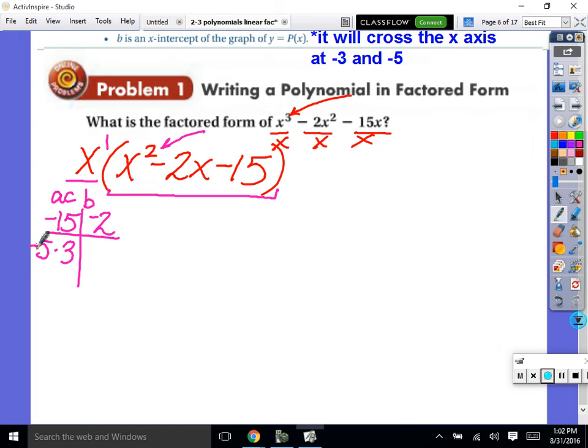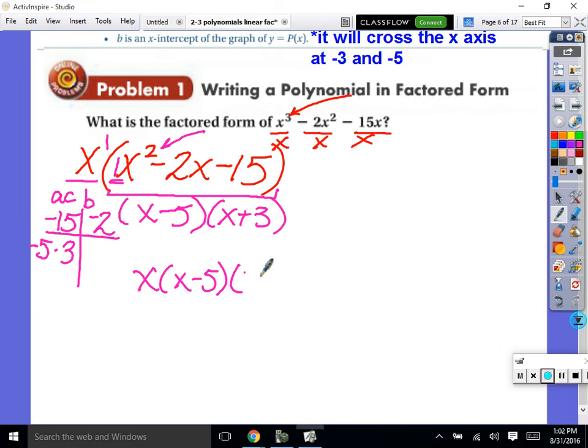Now carefully look. Is my a value positive 1? Yes. So we could drop and break. That always works. However, if your a value is positive 1, we can quickly factor this. So this is going to factor to be x minus 5 times x plus 3. So guys, the final answer was x times x minus 5 times x plus 3.